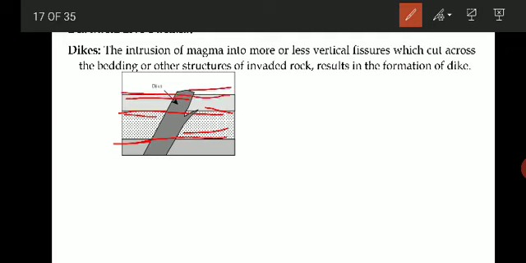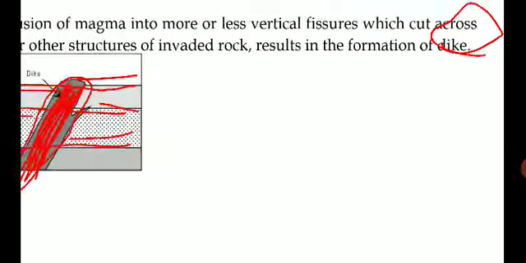Now the magmatic intrusion has taken place, which has cut across these beds, and that is called a dike. Here the word across is important: it cuts across the beddings or the other structures of the invaded rock.